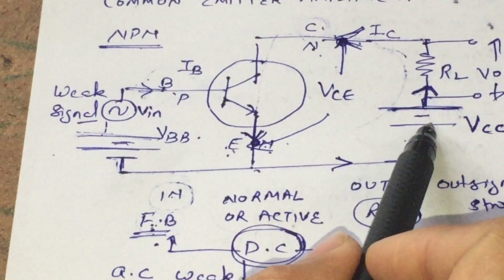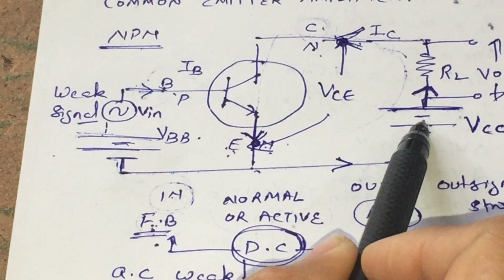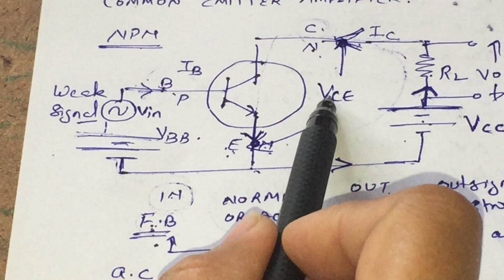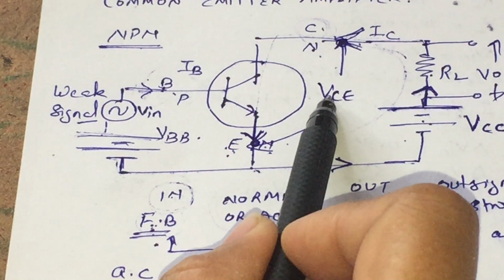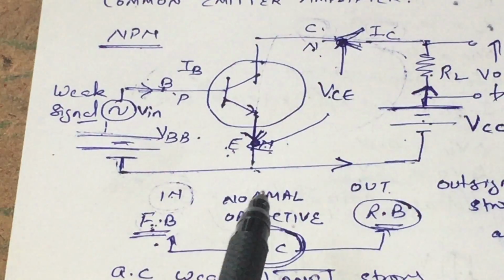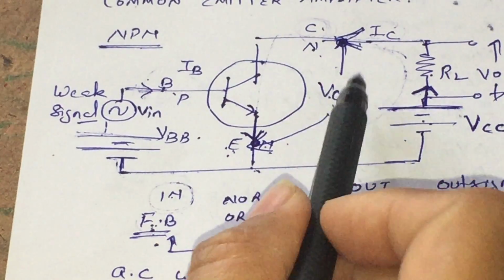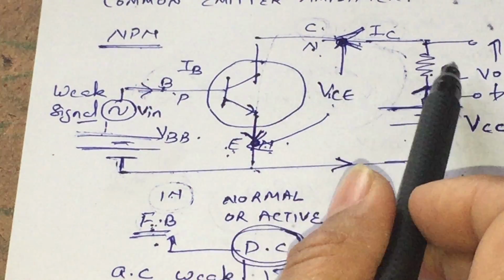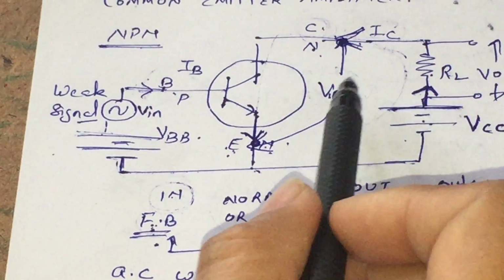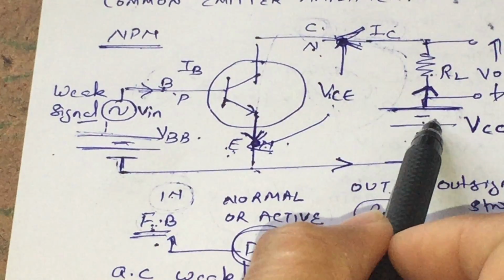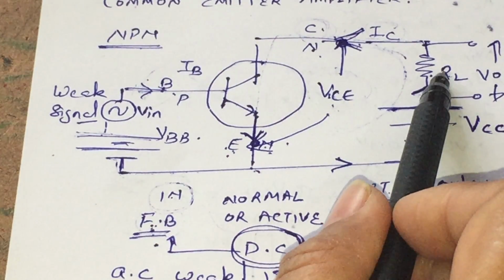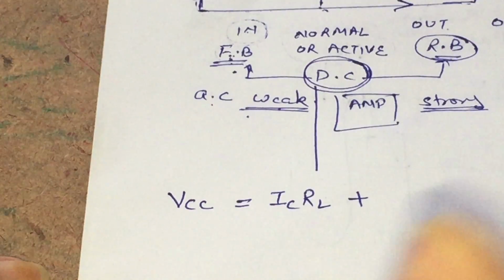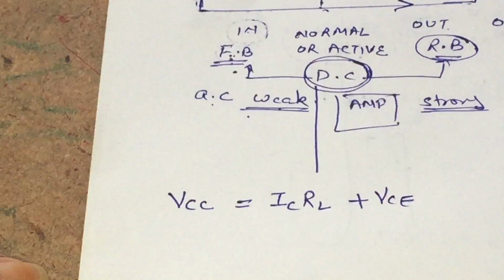Hence, there are three voltages: one is the reverse biased voltage, one is the output voltage across the load resistance, and another is the voltage which will change due to the change in the output current. This is the voltage across the collector and emitter region, and it will decide whether this voltage will be small or not. Hence, VCC is equal to ICRL plus VCE. The three voltages in the loop are given with the help of this equation.